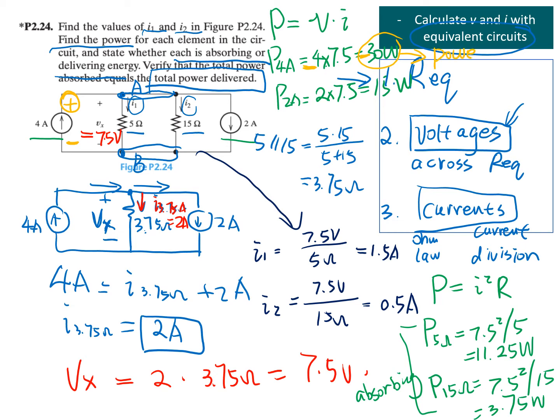So it is the only one that is delivering power. And for all of the other elements, they are absorbing power. And when we sum all of this up, we will be able to see the sum of P is equal to 0.